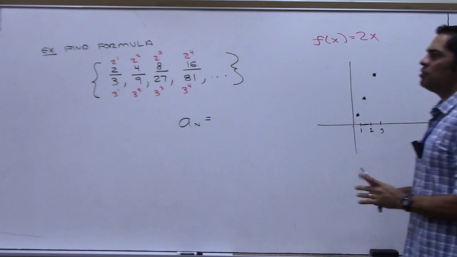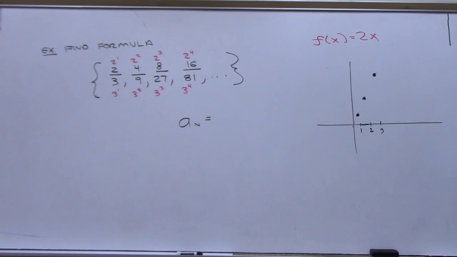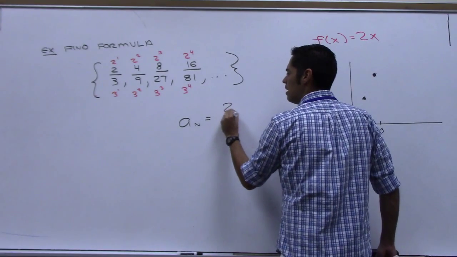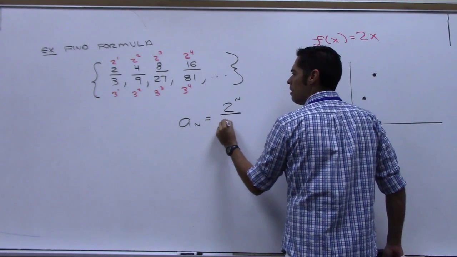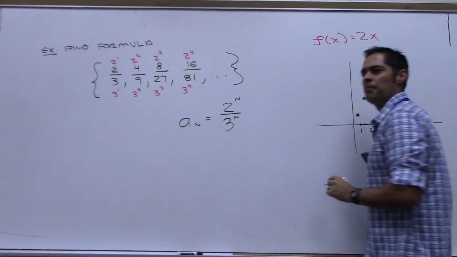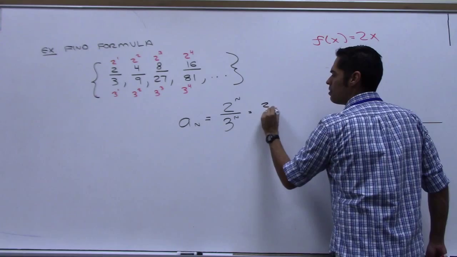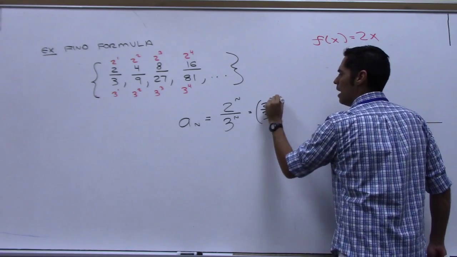What's never changing in both the numerator and denominator? The bases, right? 2 and 3. What keeps changing are the exponents. And they keep on going up by 1, right? So couldn't I write this as 2 to the n over 3 to the n? And isn't that the same as 2/3 to the nth power?